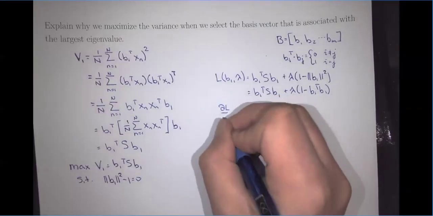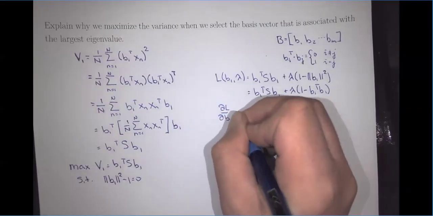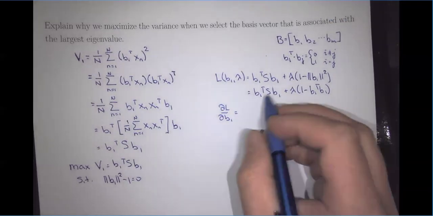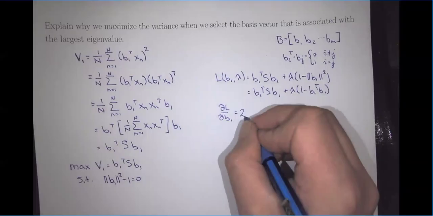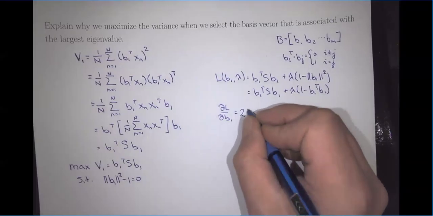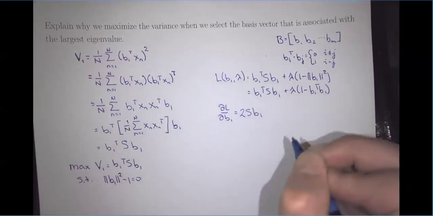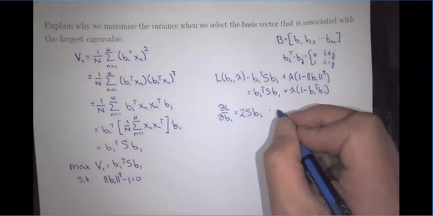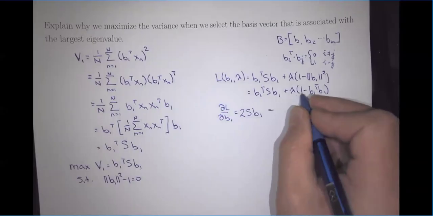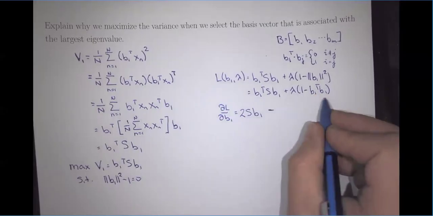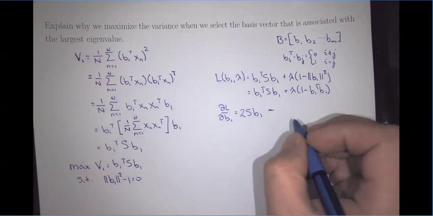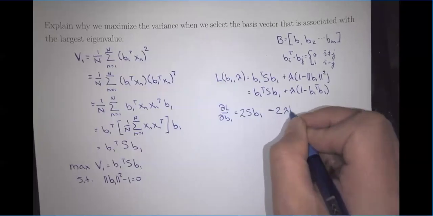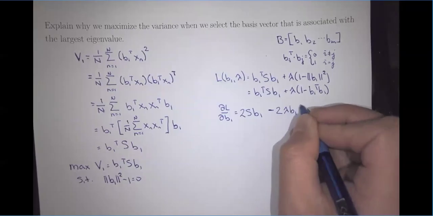So dL/dB1 is going to be, derivative here is 2 S B1, and then minus, because the derivative here is 0, 2 lambda B1 transpose.